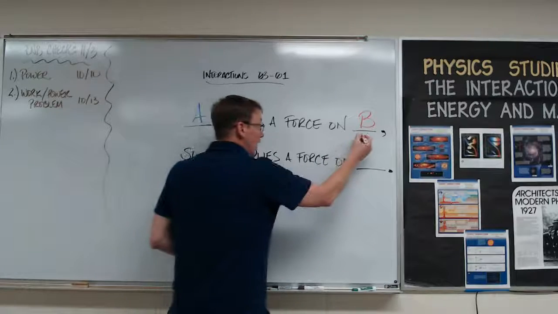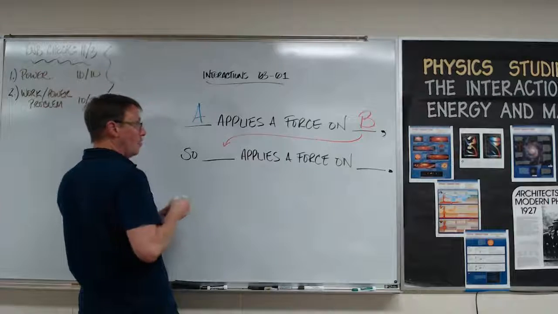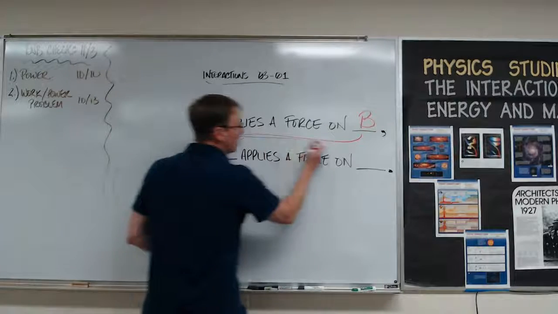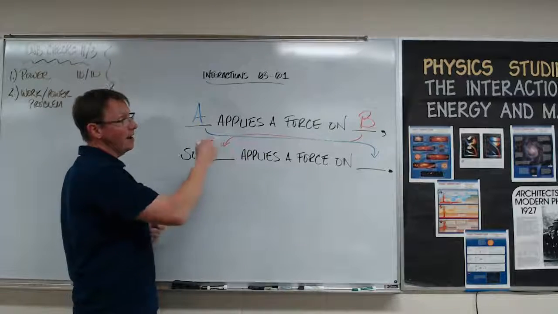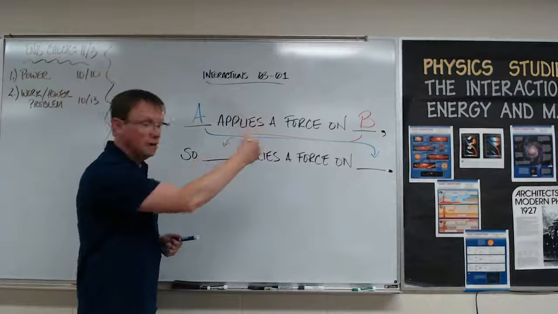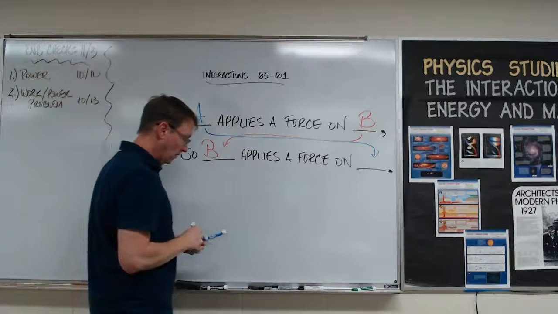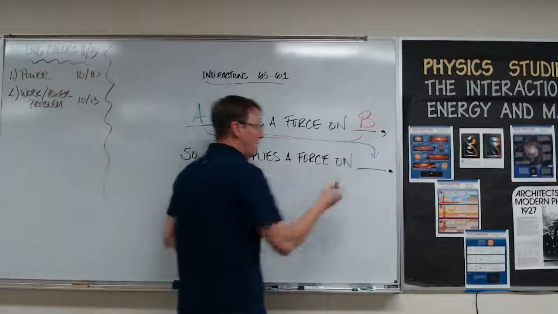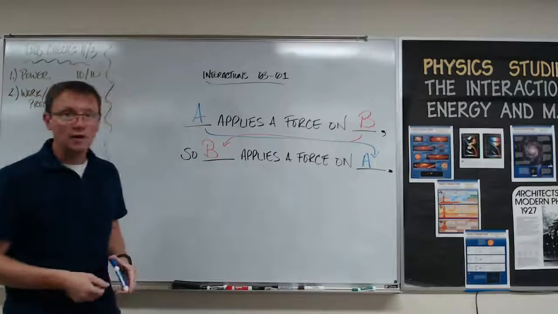So it's that simple. Switch them around. Boom. Pull a big switcheroo on them. No big deal. There we go. There it is. So if A applies a force on B, then B applies a force on A. That's as simple as it is. It's not any more complicated than that.